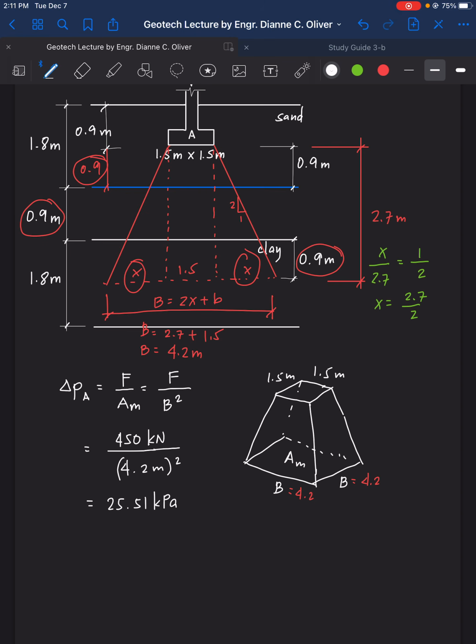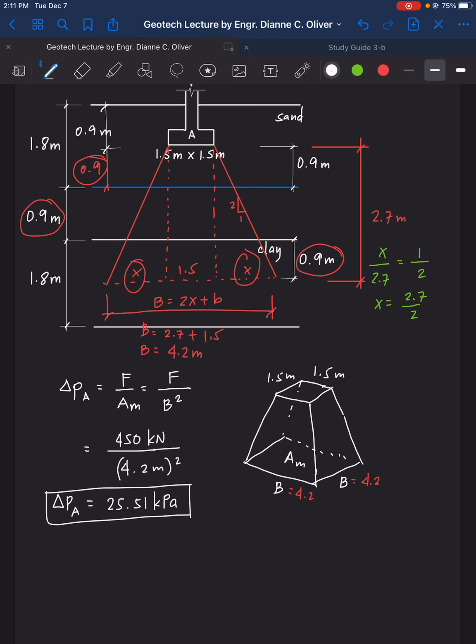So that's the stress increase at the center of the clay layer.